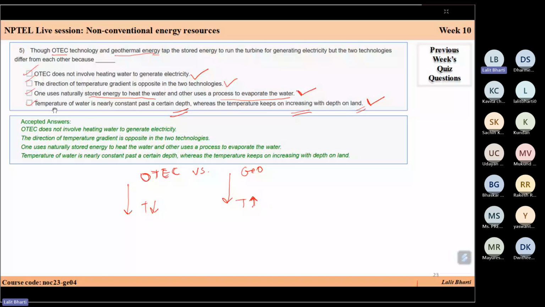Then the fourth option is the temperature of water is nearly constant past a certain depth, whereas the temperature keeps increasing with depth in the ground. That is also correct. The temperature will be constant for OTEC past a particular depth in the sea, but in geothermal, as you go deeper and deeper, your temperatures will increase. So basically, these four options are correct, and we have compared OTEC with geothermal energy.